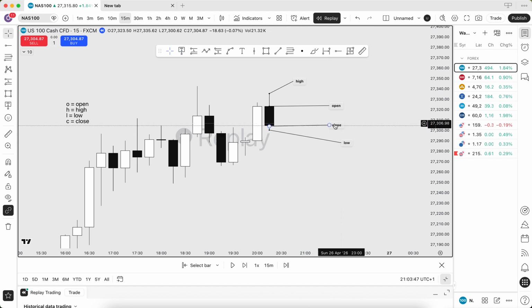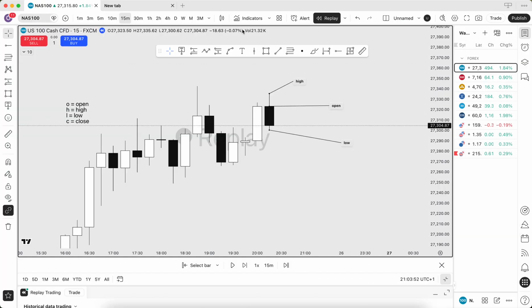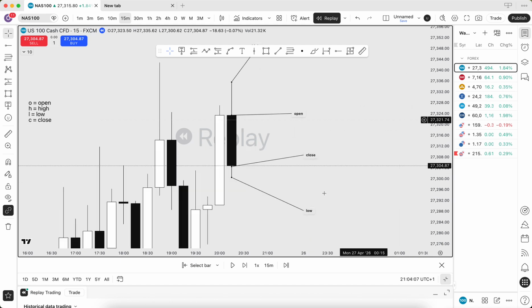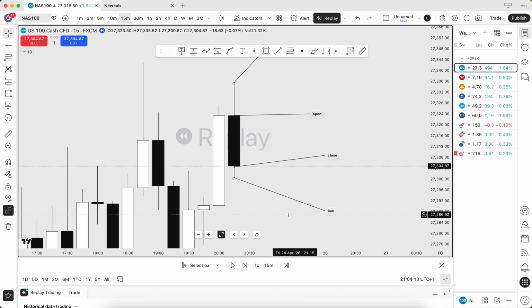Sorry, I didn't mention something while I was teaching about this candle. There is something called the wick and the body. This region here is the body.